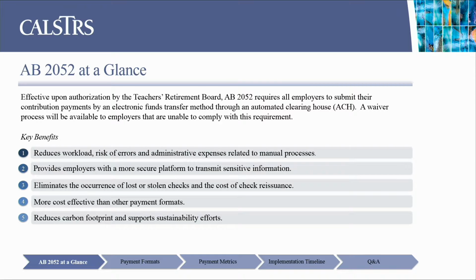Just getting into some of the benefits for you. Relative to sending us a check, there's a lot more security around using an electronic format such as ACH. Lower cost. So if your employers are actually writing checks, and we get a lot of checks, probably a third of all of our transactions are paper checks, you, your staff, your colleagues, or a lot of people are touching paper to actually get a contribution paid.